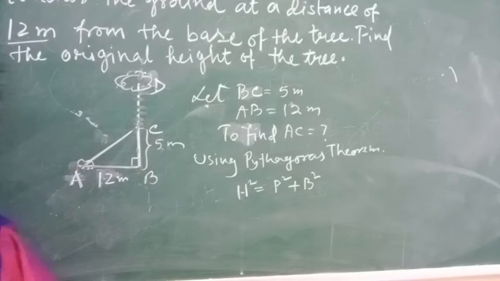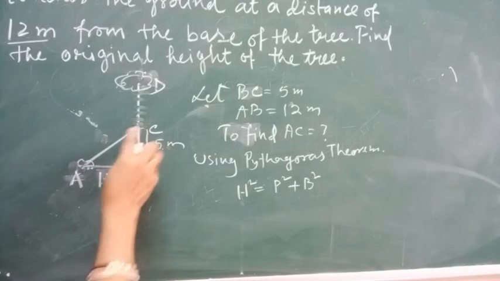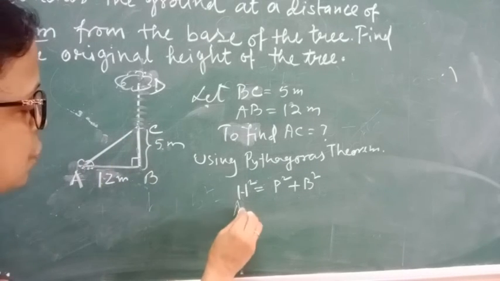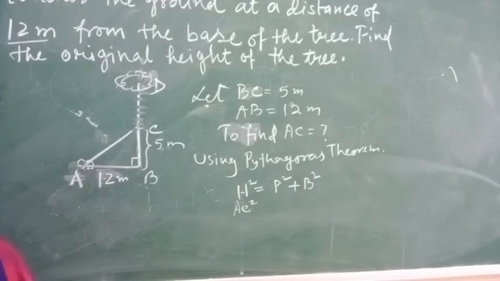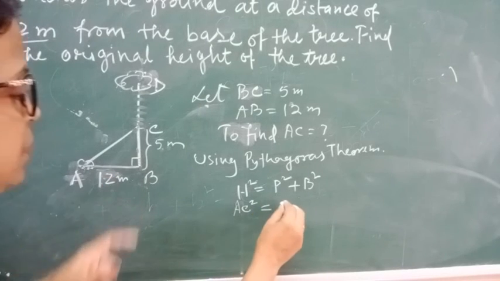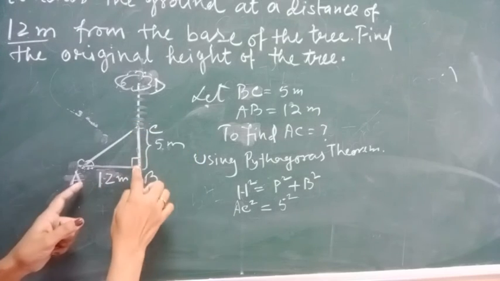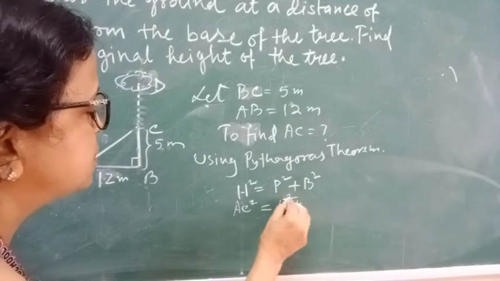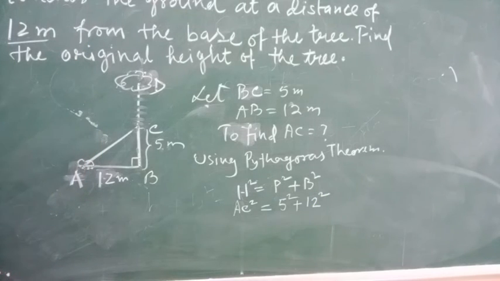Now this hypotenuse, that means AC, is missing here. So AC square, you can write hypotenuse square also. So AC square will be perpendicular square, means CB square plus AB square, that is 5 square plus 12 square. Is it clear, students?